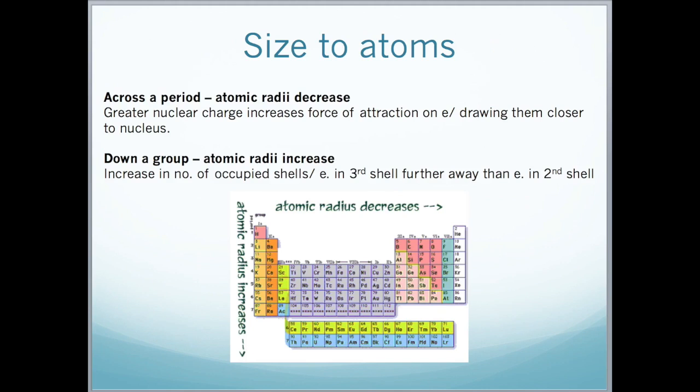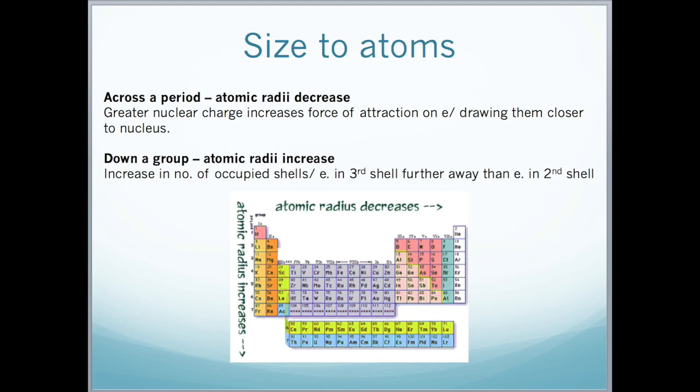Across a period, the trend is for the atomic radii to decrease, and this is because the greater nuclear charge increases the force of attraction on the electrons, which draws them closer to the nucleus. And this is slightly offset by the increased repulsion of the electrons from each other.